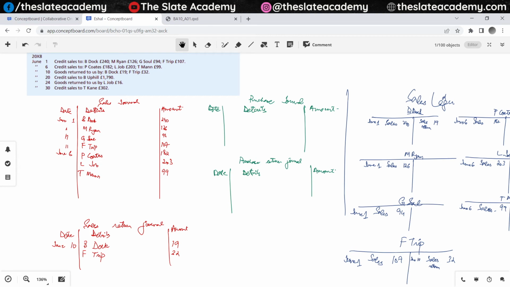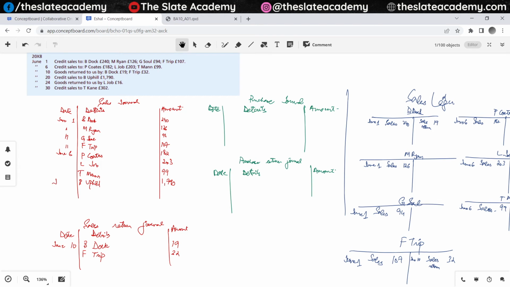We make more sales to B uphill. Do we already have a B uphill account? No. So we are making sales to a new person. B uphill, goods worth 1790, and this is June 20.